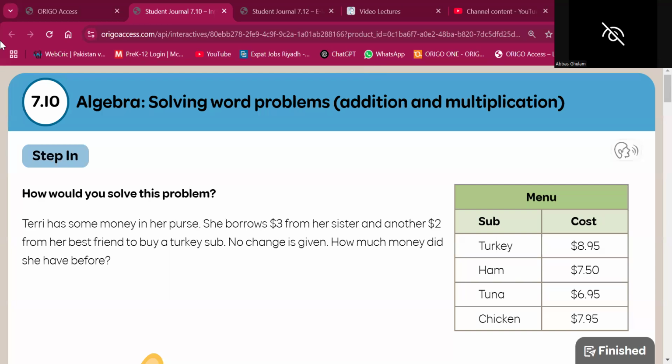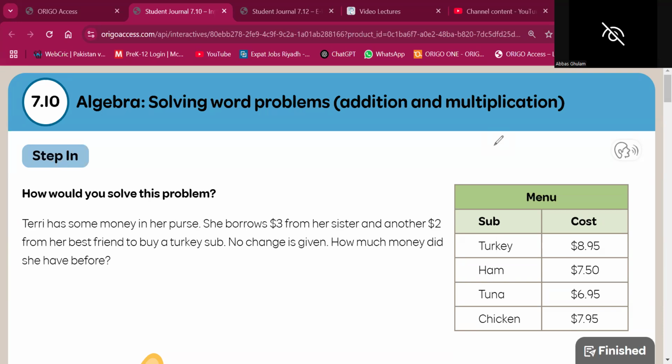In my last video, I was explaining how we can calculate the value of any variable using multiplication equations, division equations, addition equations, or subtraction equations. But right now, I will write some equations from word problems.